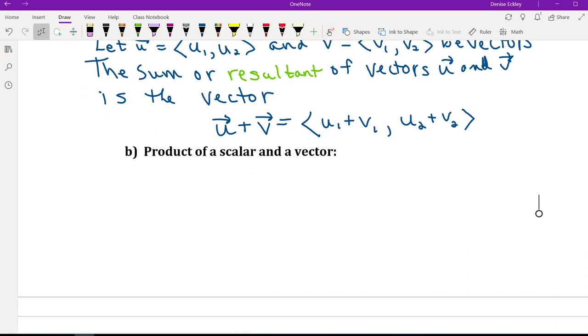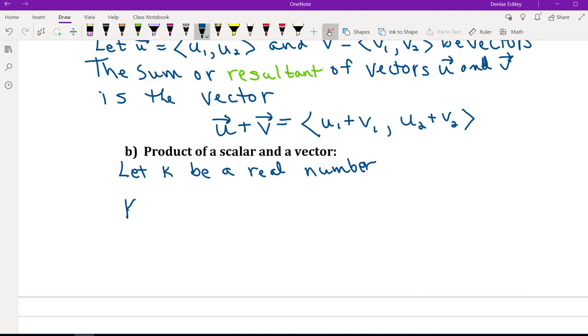Next, the product of a scalar and a vector. We're going to talk more about vector multiplication in a later section. We're going to let the letter K be a real number. So it's not a vector, it's a number. That makes it a scalar.